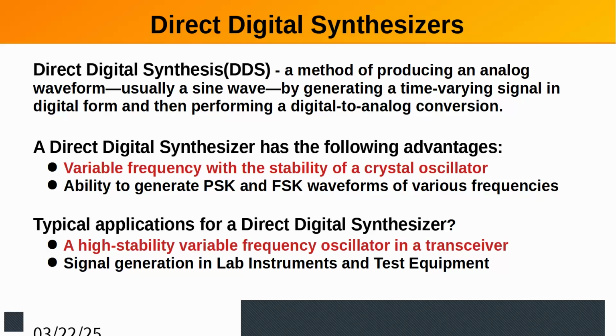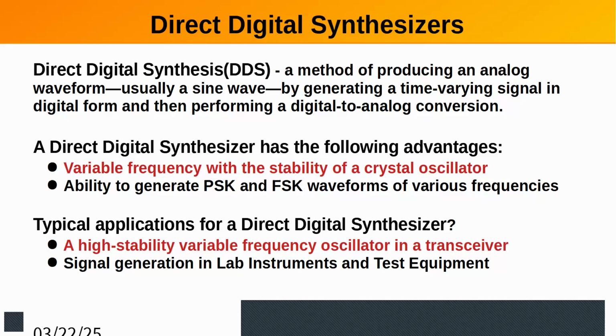I think there may be a diagram on the next slide, maybe easier to explain. The one advantage is they allow you to have a large frequency range with a single fixed crystal oscillator at some frequency, because they're multiplying it up and then dividing it down, and that ratio allows you to have all those fractional frequencies.